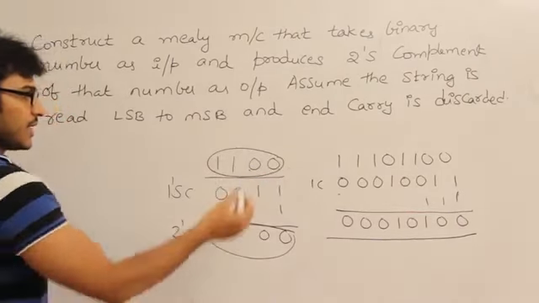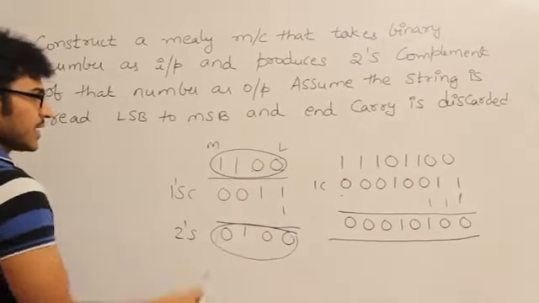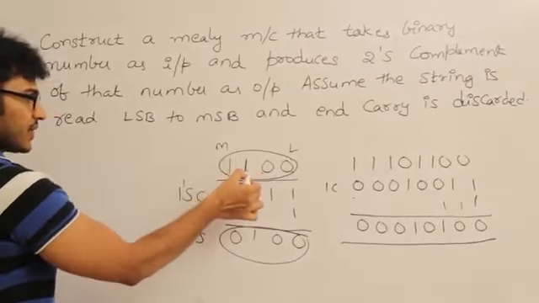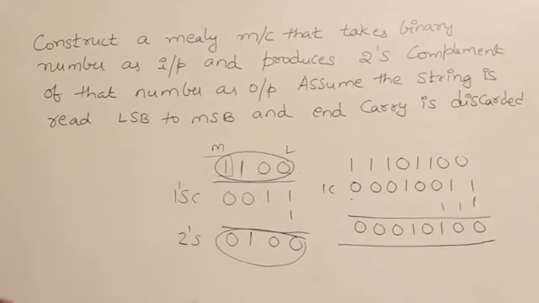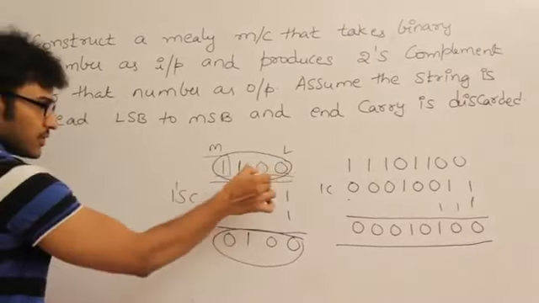If I am reading from LSB to MSB, whenever I have zeros, I am leaving them as zeros, and whenever I see the first one, I am leaving it as 1, and whatever is there after that first one is going to be complemented. Check this. All the zeros are left as zeros, and whenever I see the first one, that is left as 1, and after that whatever I see, I am complementing. You will understand better in this example.